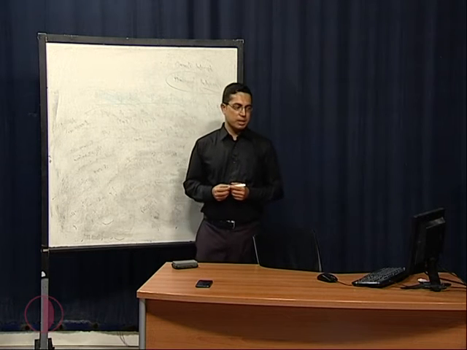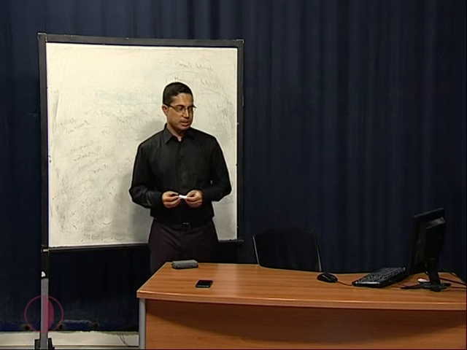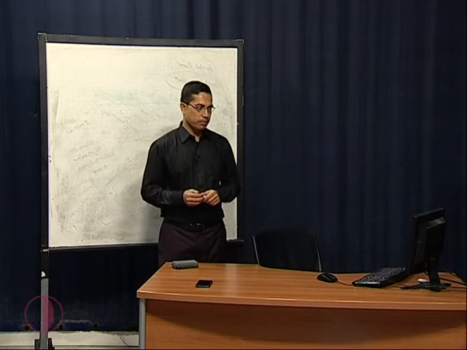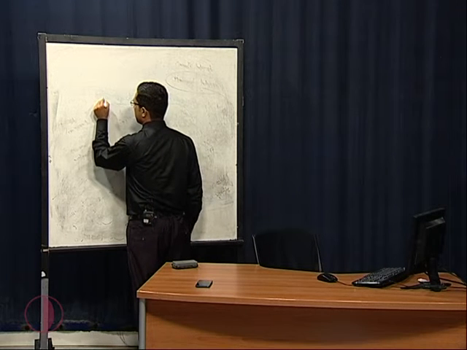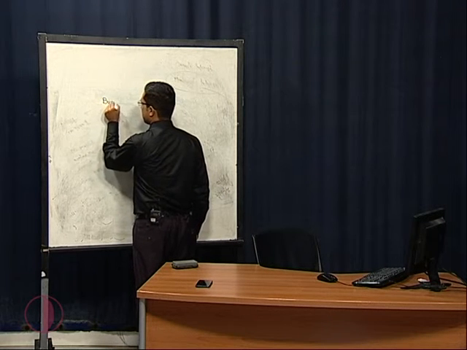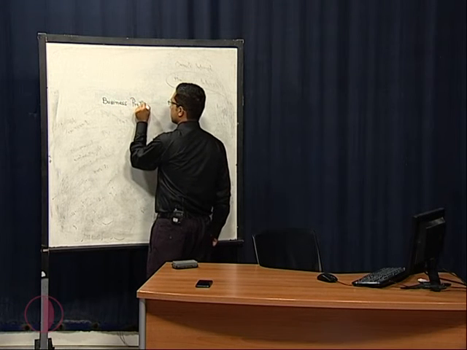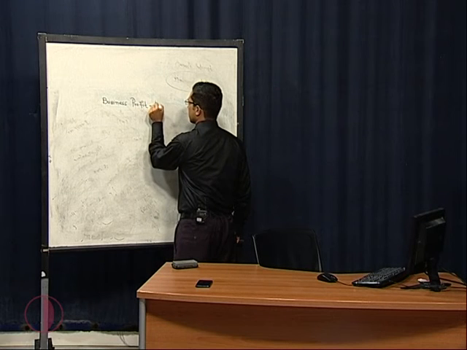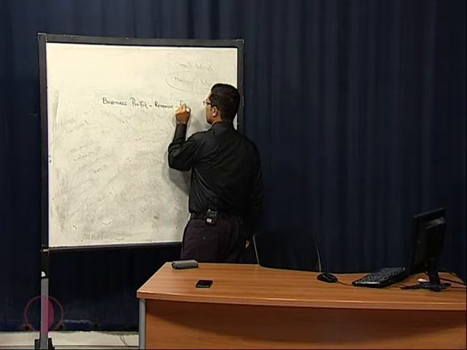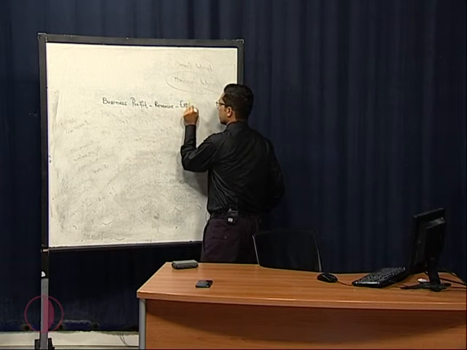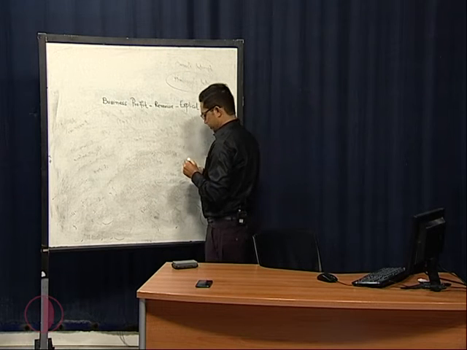So, to the general public and the business community, business profit refers to the revenue of the firm minus the explicit cost. So, to the general public, business profit is equal to total revenue minus explicit cost.